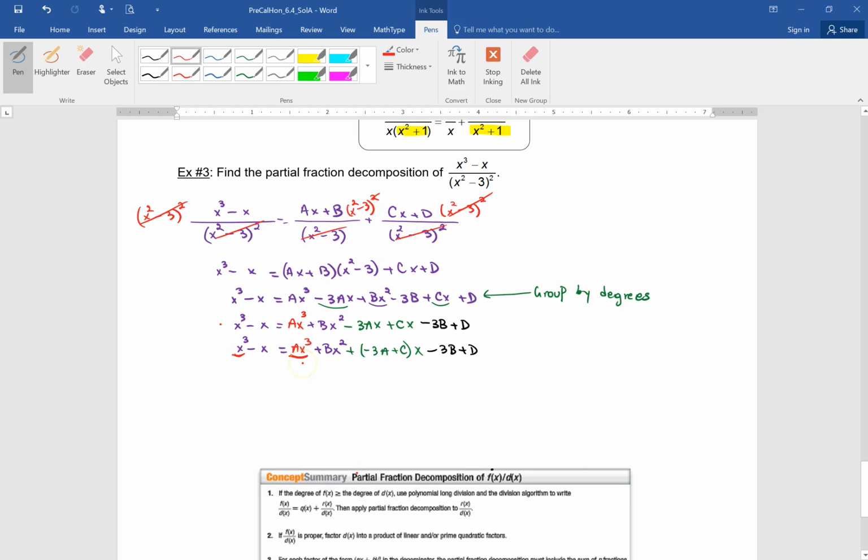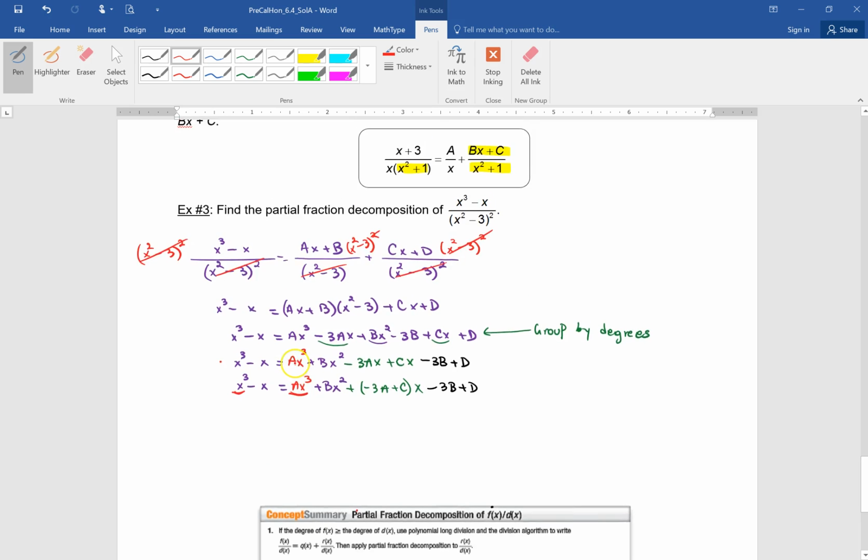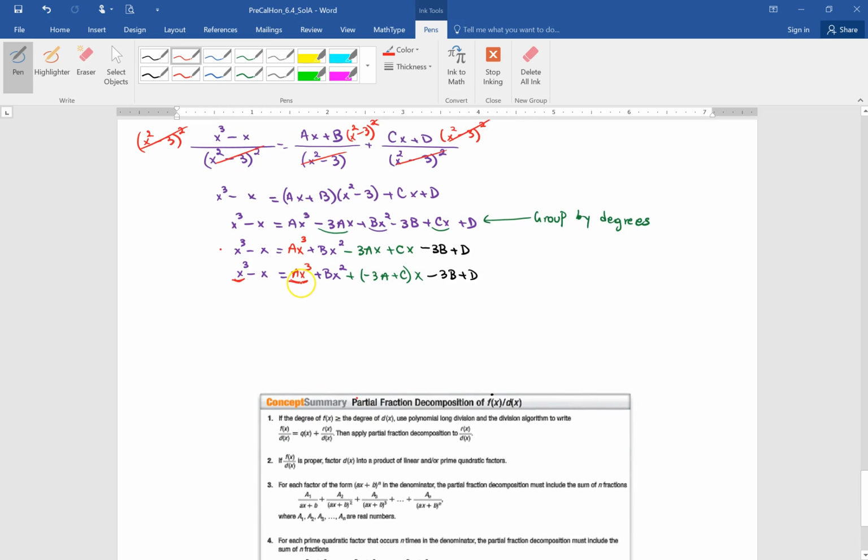A. That means 1 equals A. It's just amazing. You take your x cubed term and your x cubed term here, and you match up their coefficients. The coefficient on the left is 1. The coefficient on the right is A. So A is equal to 1.